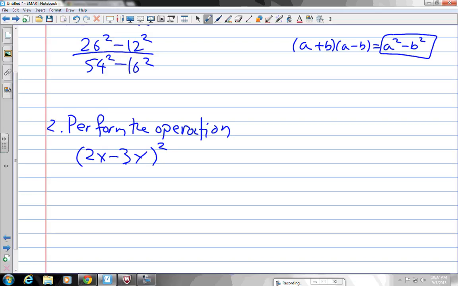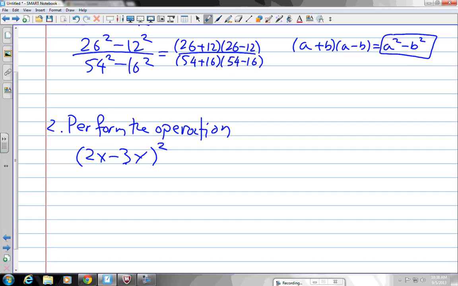We have 54 and 16. So right away I can do this. 26 plus 12, 26 minus 12 over 54 plus 16, 54 minus 16. Right? So right away, using the difference of squares formula, we can do that.